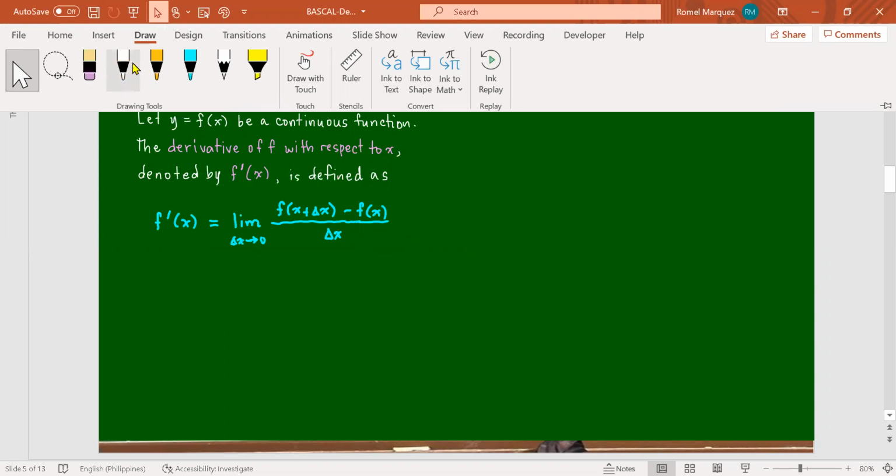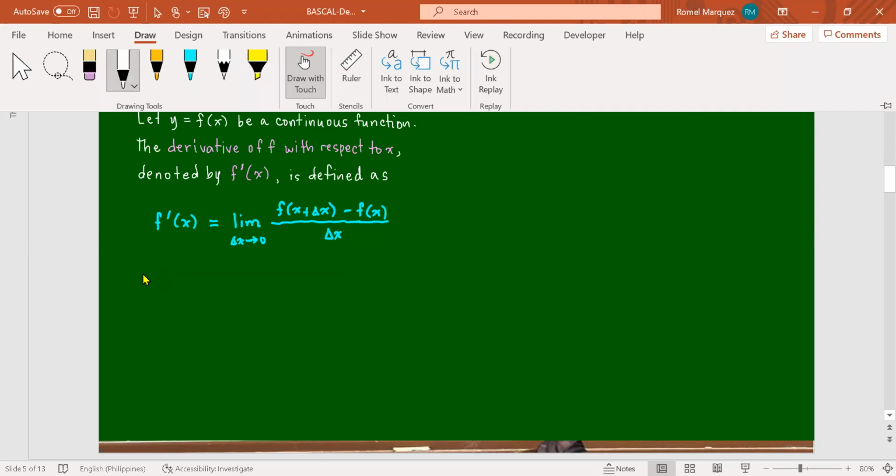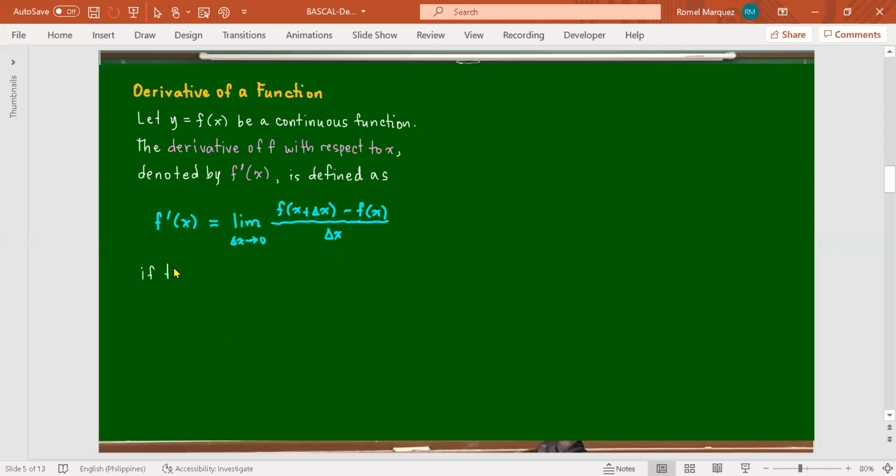So we now have this, if this limit exists. Which is now actually the precise definition of slope ng tangent sa curve.